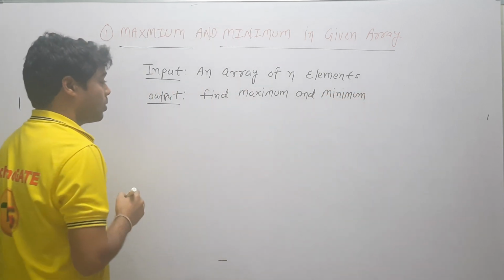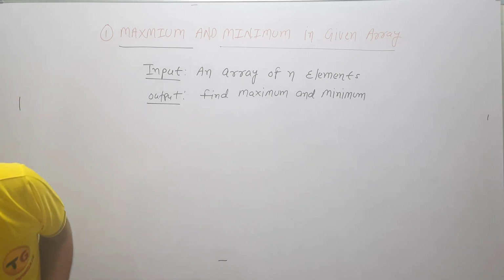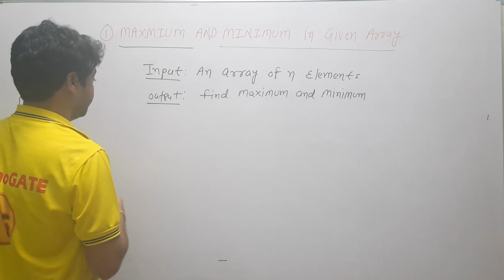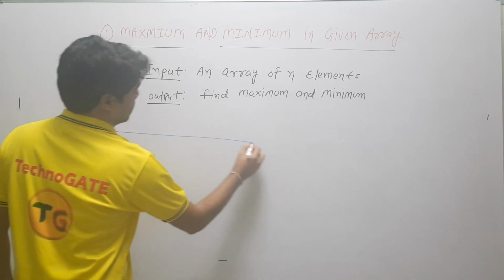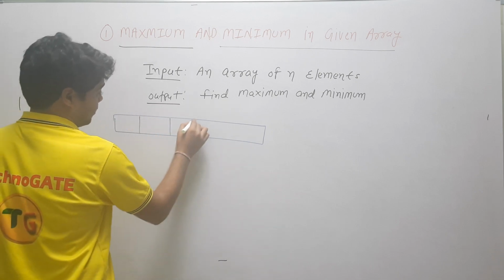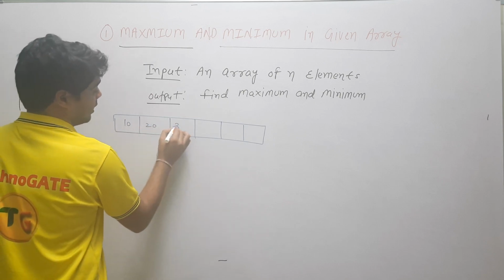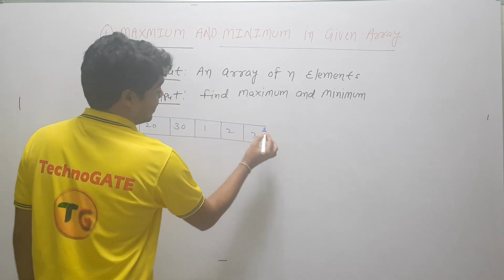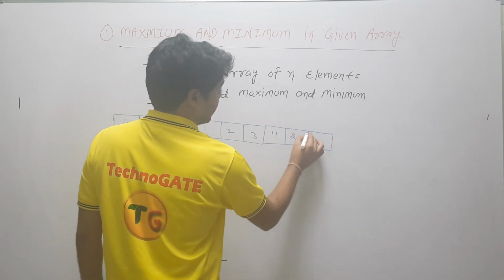Okay, so let's take an example here. Suppose the array is 10, 20, 30, 1, 2, 3, 11, 21, 31.